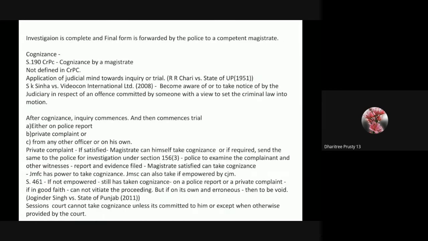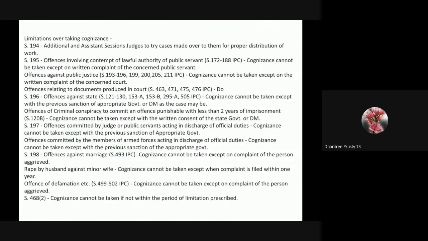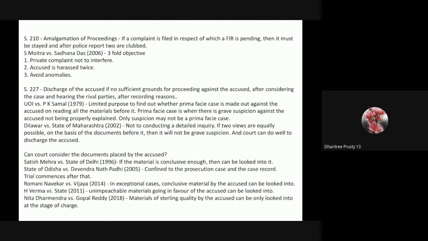But for the sake of convenience, let me tell you one thing: after 190, once cognizance is taken, 204 is issue of process, which comes under this particular chapter and is linked with the pre-trial procedure, and then 205, and then 207 supply of copy, and then if it is a sessions trial case, 209, then 193 cognizance a second time, the sessions court will take cognizance. 191, 192 have certain relevance, and then comes 227.